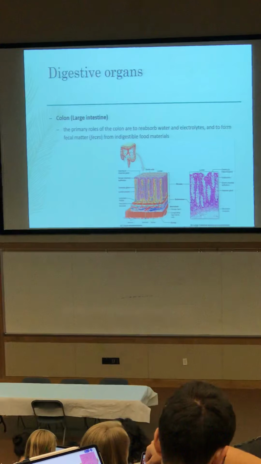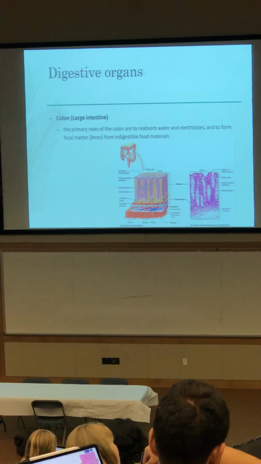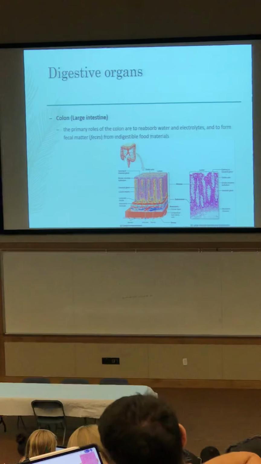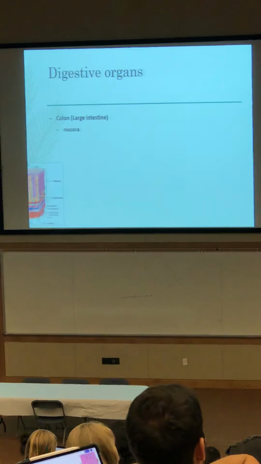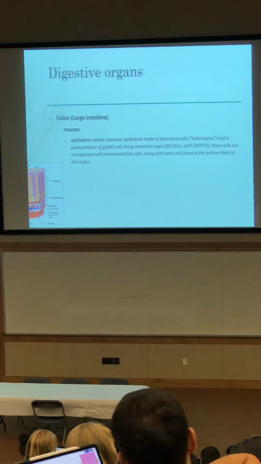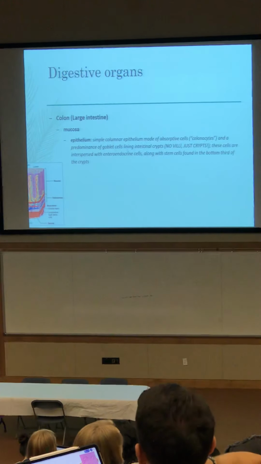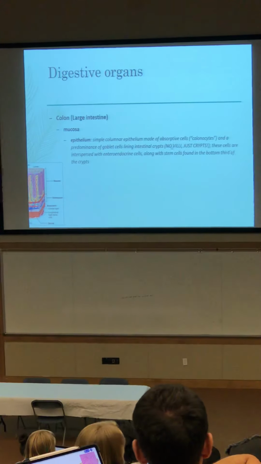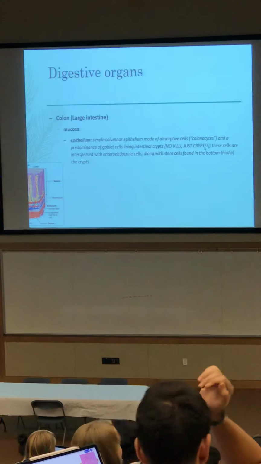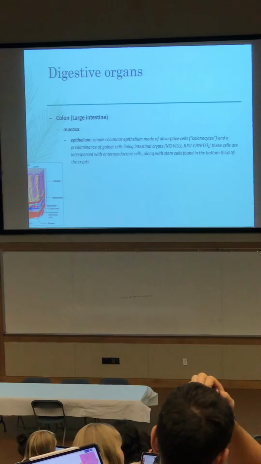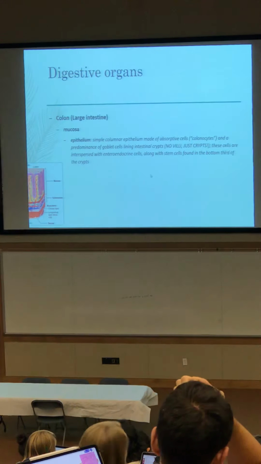There are other cells, but goblet cells tend to be the predominant cell type, and there are no Paneth cells. Okay? All right, so the mucosa epithelium is simple columnar, made up of absorptive cells called colonocytes, and a predominance of goblet cells. No villi, just crypts. Remember that. Cells are interspersed with neuroendocrine cells and stem cells.